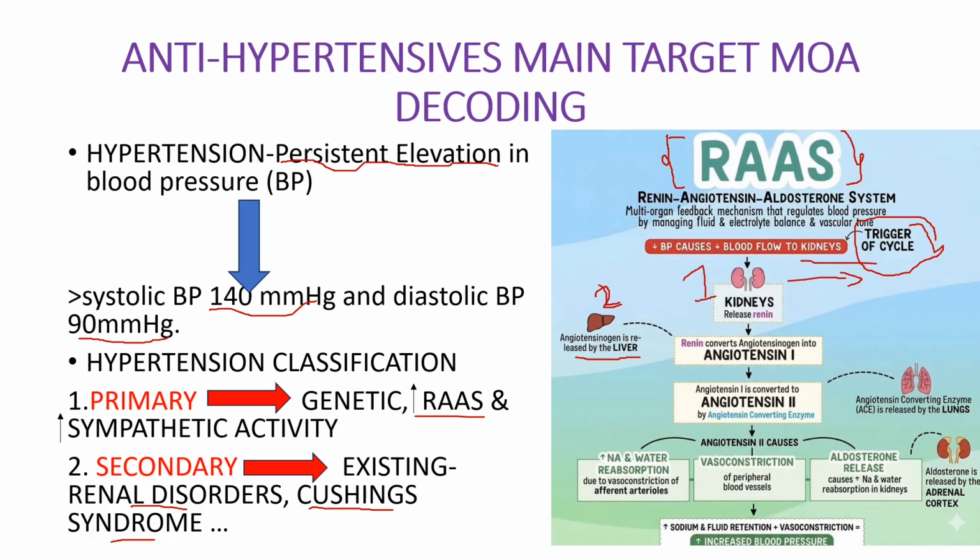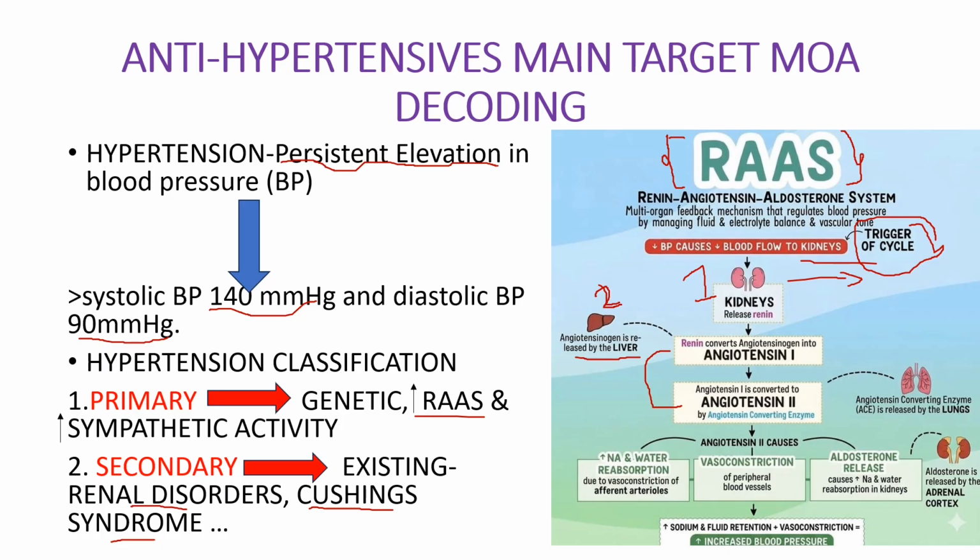So renin combines with angiotensinogen to form angiotensin 1, and this angiotensin 1 is converted to angiotensin 2, which plays a major role in maintaining our blood pressure.